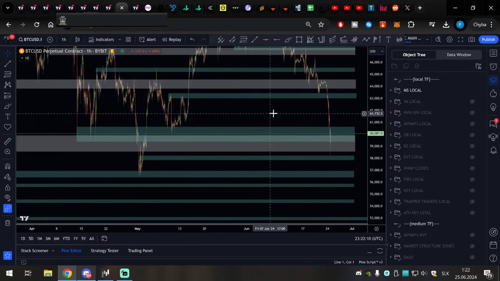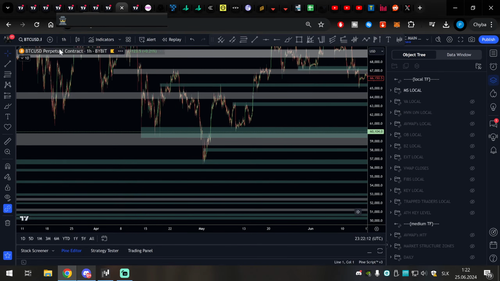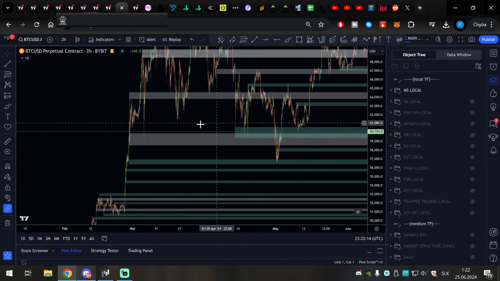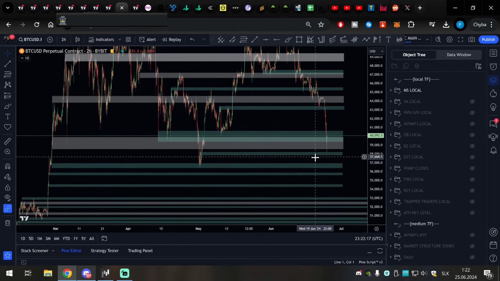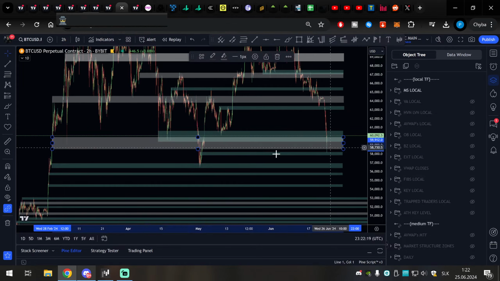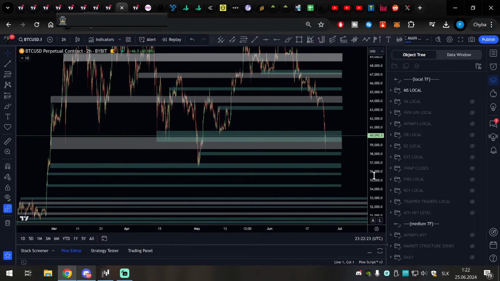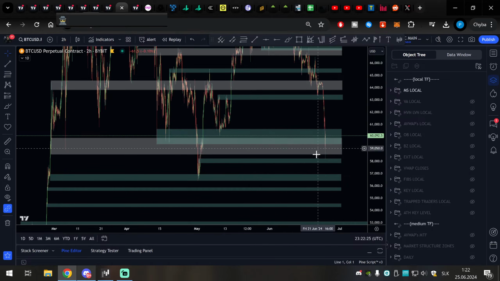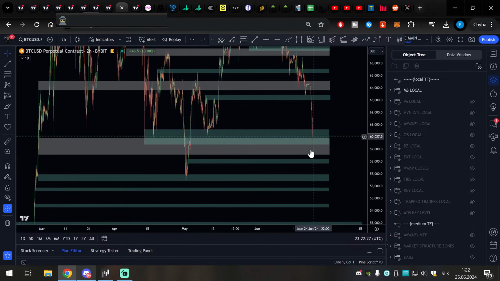So yes, market structures. 2 hour time frame. So we know this is our swing box. Why is it our swing box? Do you see this wide, big market structure? In the past few months price found stability in these regions. This is the reasoning why I have the swing box here, because this was the area of demand where the market found Bitcoin very cheap to enter.